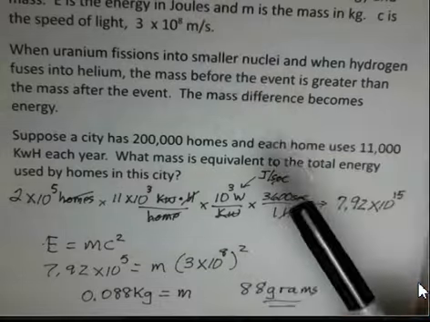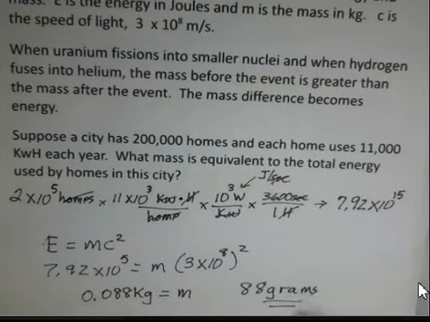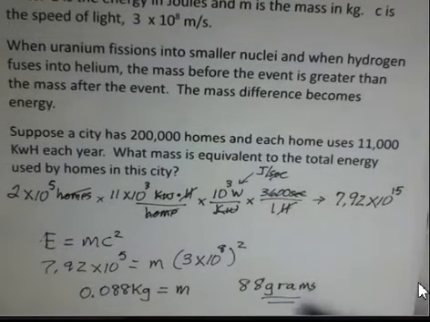So the uranium doesn't disappear. But a small fraction of the mass of the uranium changes into energy, and then we get other smaller elements, smaller nuclei, as a result of the fission process, but most of the mass remains.